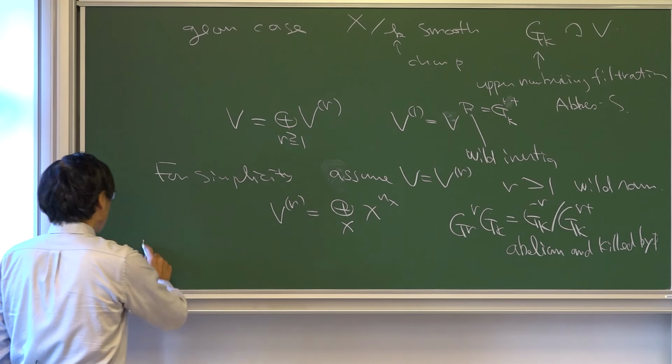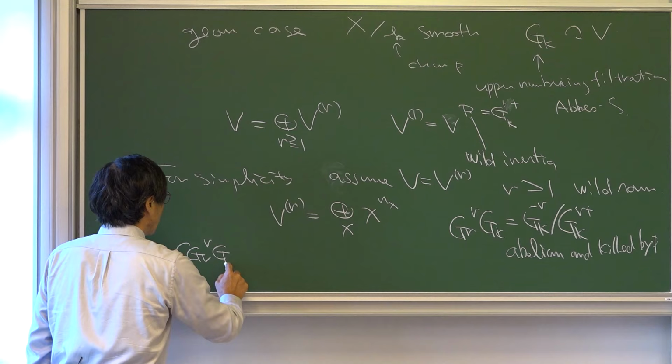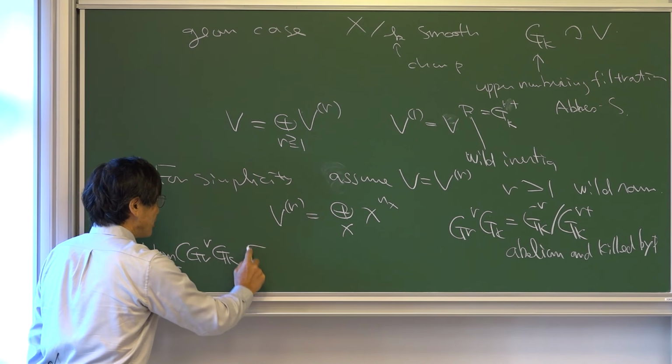And further, we can identify the character group, regarding this as an F_p vector space.